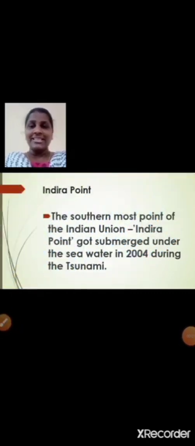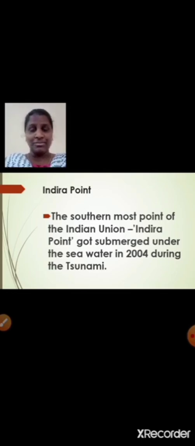Indira Point is the southernmost point of the Indian territory. It is a village in the Nicobar district at the Great Nicobar Islands of the Andaman and Nicobar Islands. Students, do you know one interesting fact about Indira Point? Okay, let me tell you. The southernmost point of the Indian Union, Indira Point, got submerged under the sea water in 2004 during the tsunami.